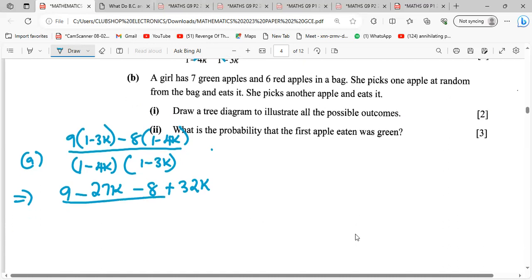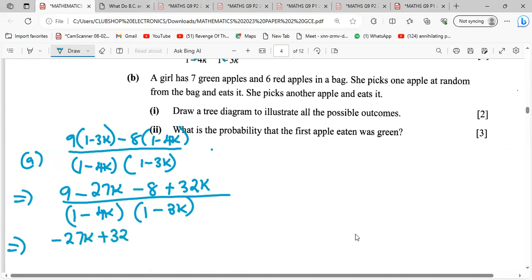You maintain the denominator 1 minus 4k, 1 minus 3k. So we can rearrange the terms: negative 27k plus 32k plus 9 minus 8.